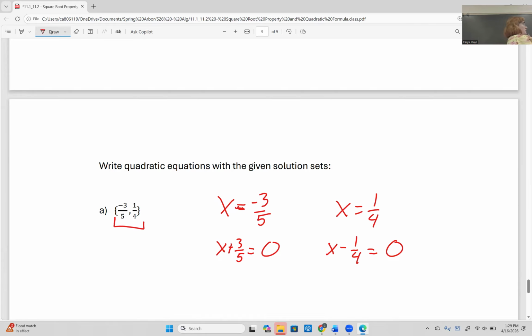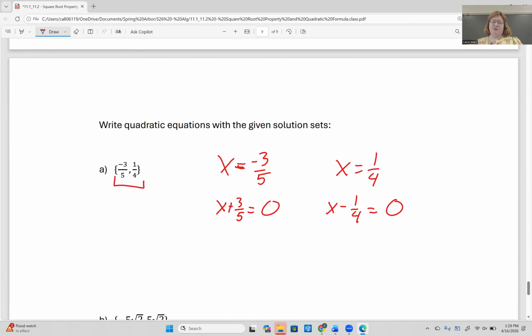Again, repeating what we're doing, we're undoing a factoring process. So we have x plus 3/5 times x minus 1/4 was the factored form we had. To undo factoring, I can FOIL this out. X times x, x squared. 3/5 times x. 3/5 times x.